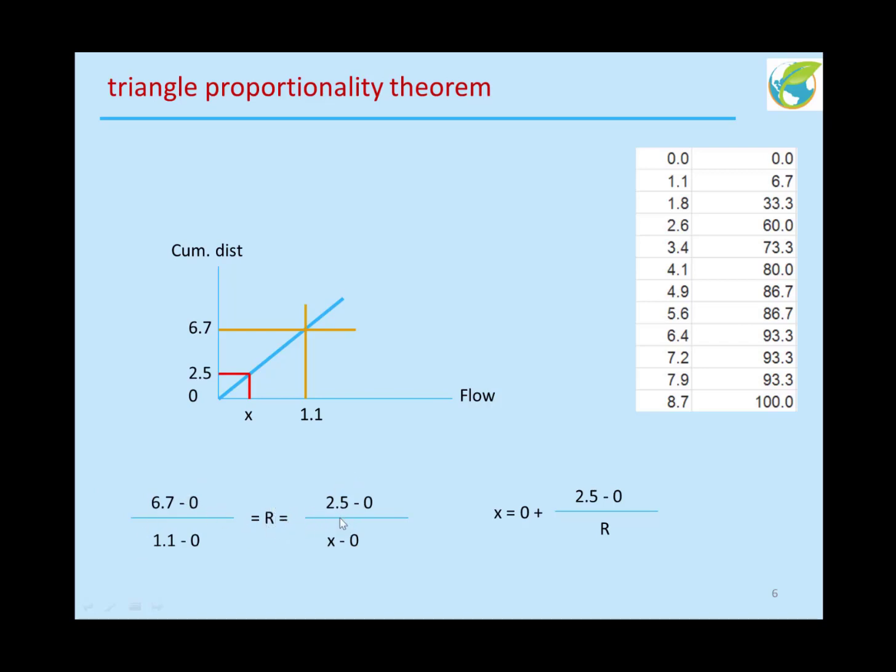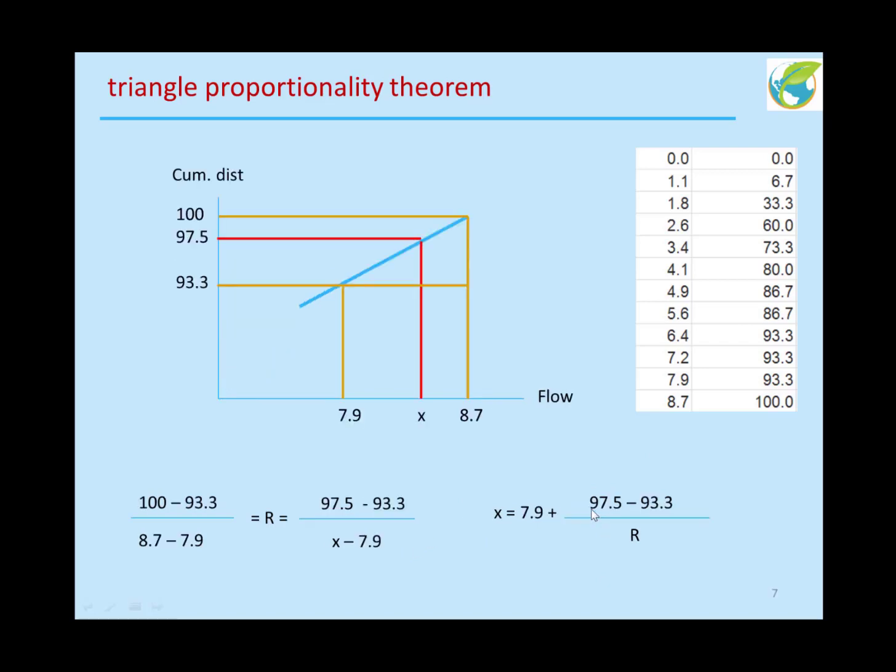So that should equal this rise over this run. So for this triangle, I have rise over run equal to rise over run. So here I have 2.5 minus 0 divided by x minus 0, right? Now from here I can calculate x is equal to this. You can do the math.